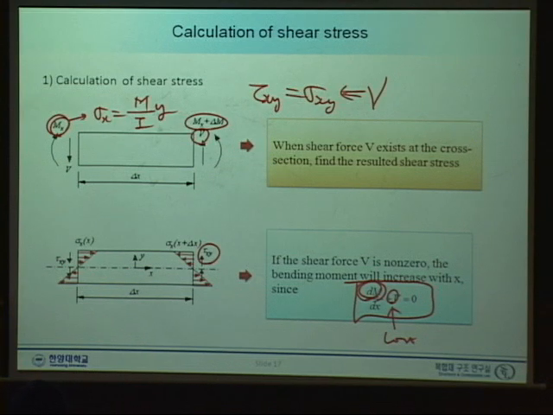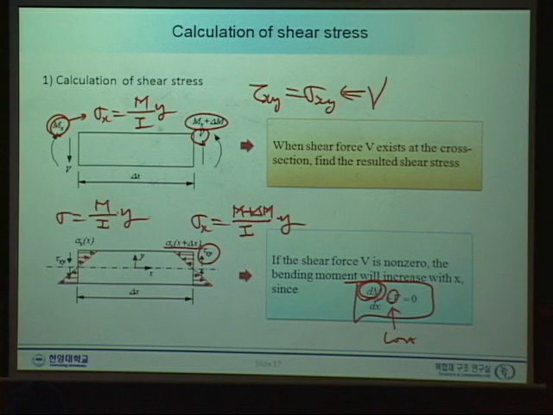So this stress will be (M plus dM) times y over I, and this stress should be M times y over I. So this stress and that stress are a little different. There's a little more stress. This sigma x, there's a little difference.